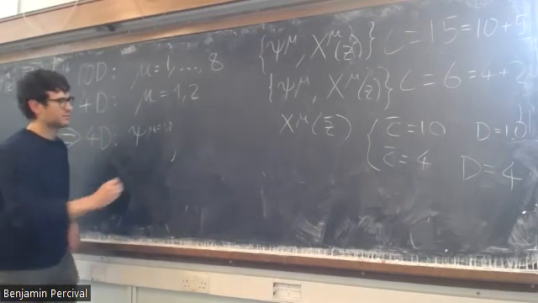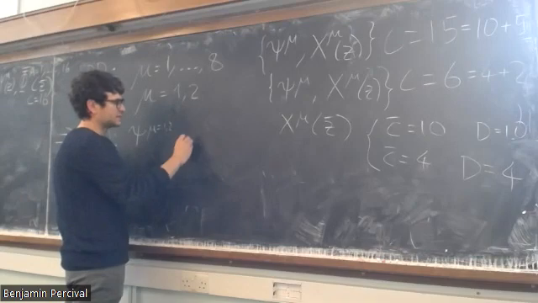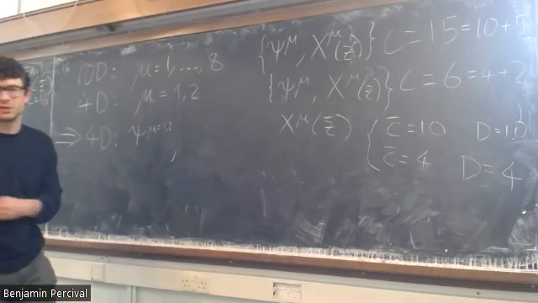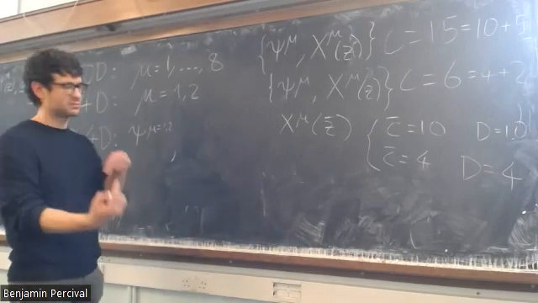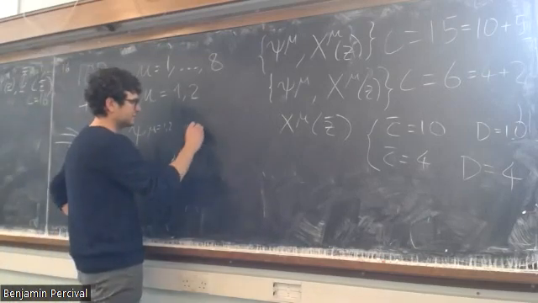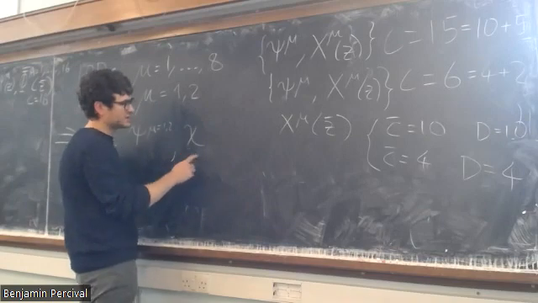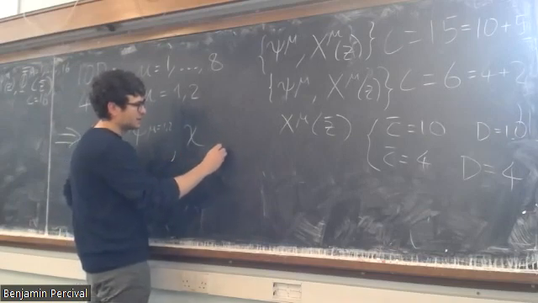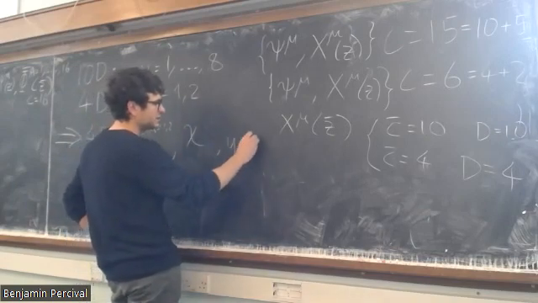Then we need 18 fermions. I'll write the notation that we usually use. We write these as chi, y, and w.